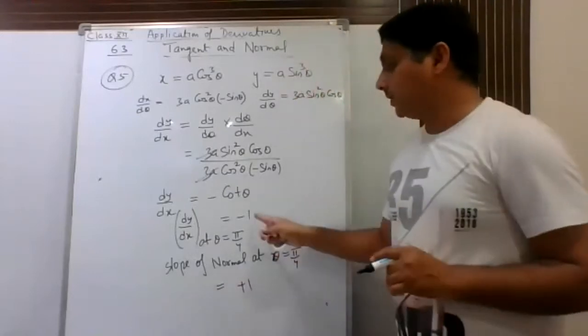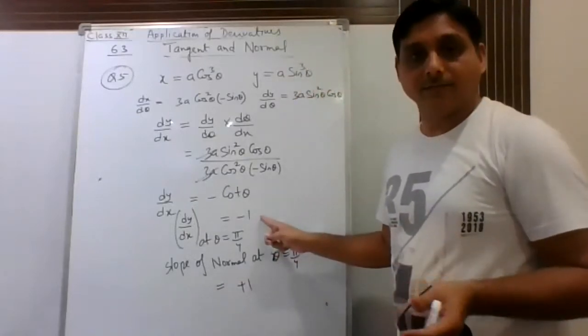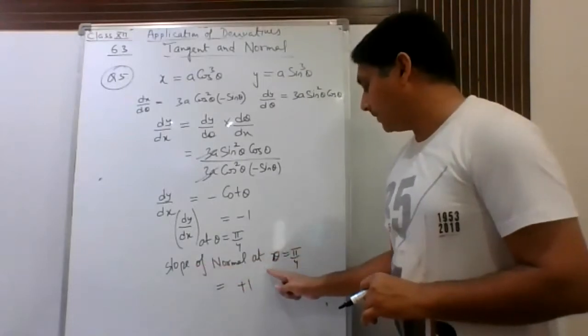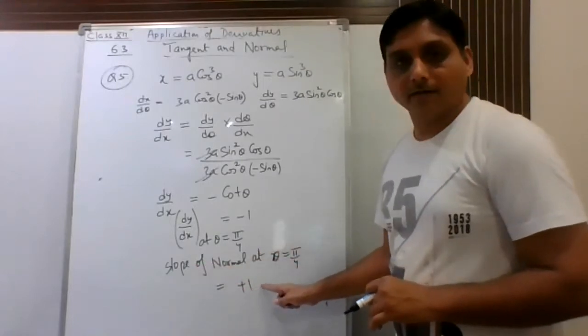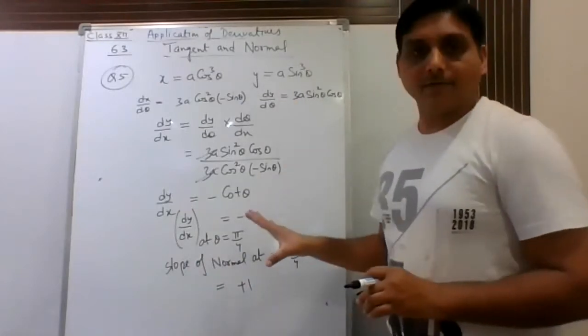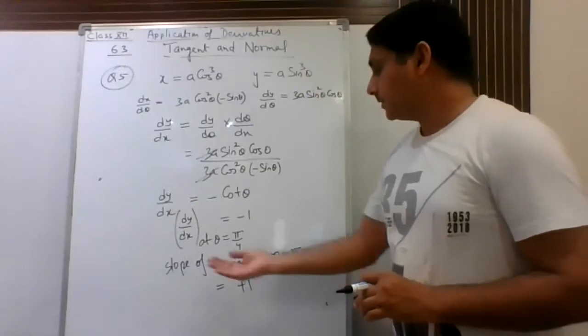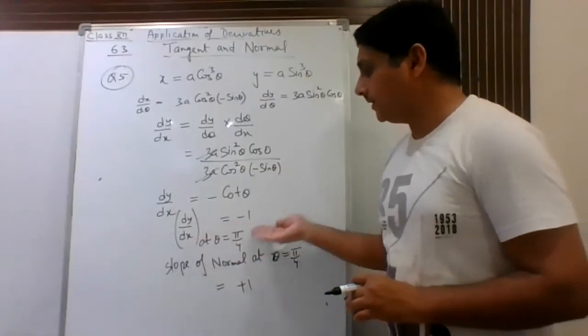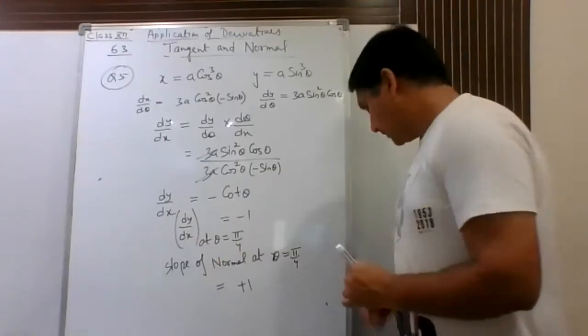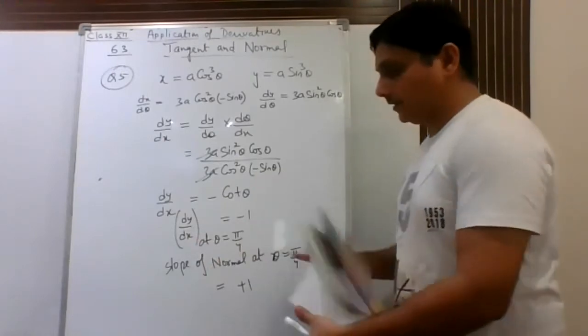Why? Because you have to just take the negative of this with a reciprocal. So when you do that, the slope of the normal will become plus 1, right? This is how, in the case of parametric form, we can find the slope of the tangent and the slope of the normal.